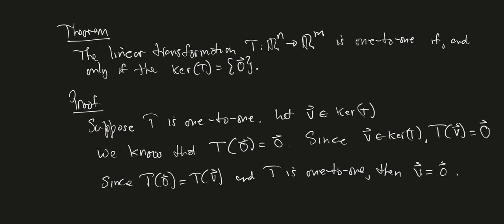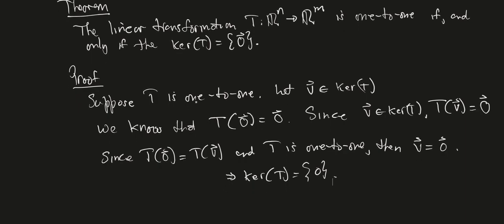So therefore, the kernel of T consists of just the zero vector. That proves one direction: if the transformation is one-to-one, then the kernel has to be equal to simply the zero vector, no other vector.